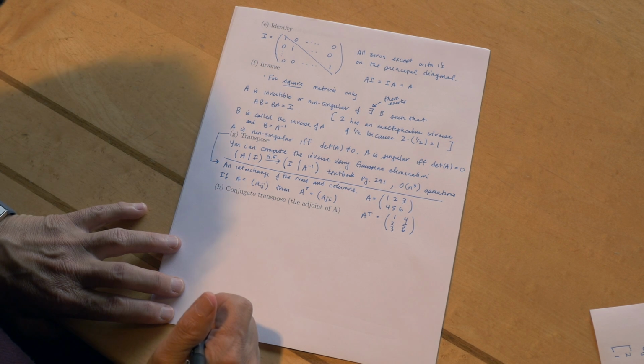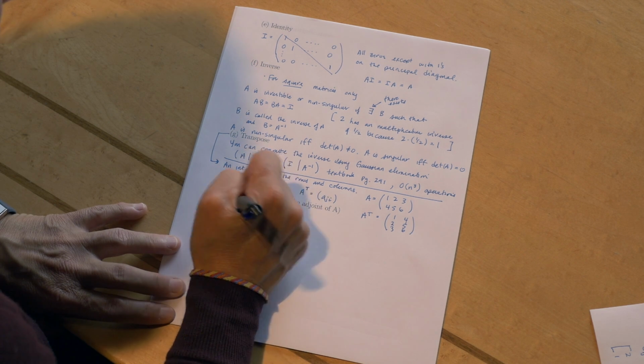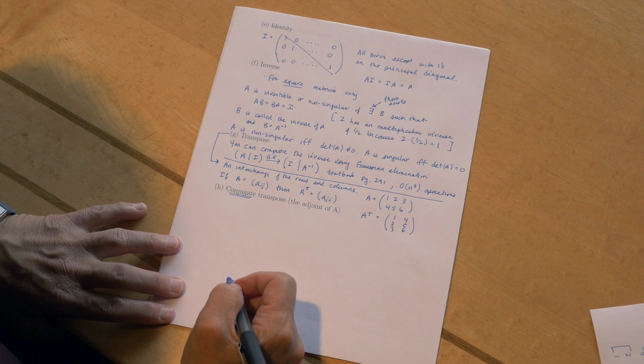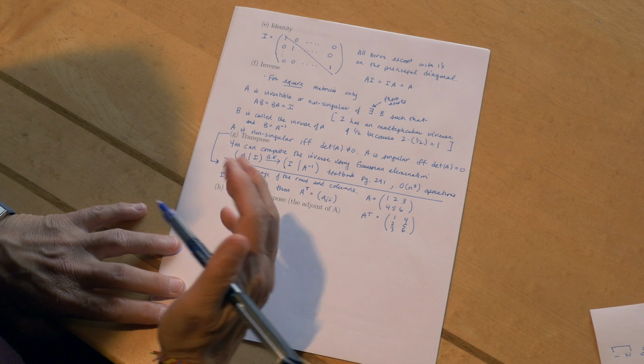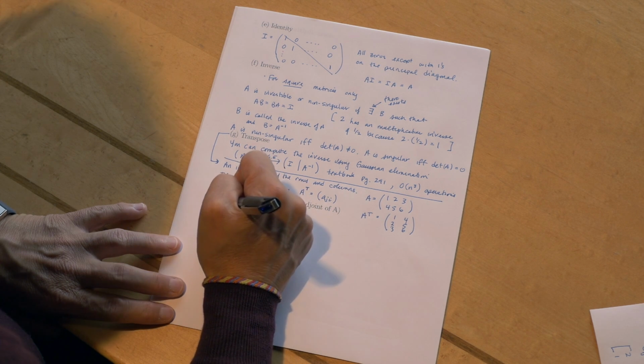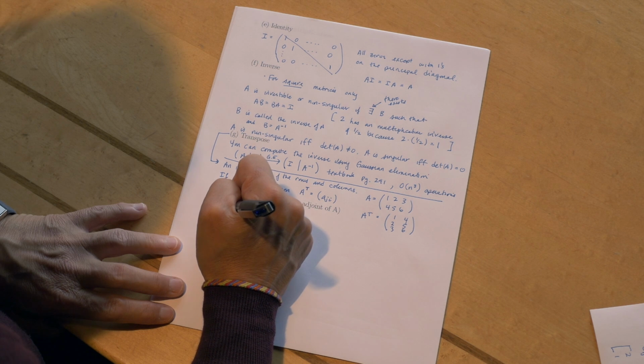Okay, there's also a conjugate transpose, and that is also called the adjoint of A. So first, just before we talk about what's the conjugate transpose, let's just talk about what the conjugate is. So let's take a look at the conjugate matrix.